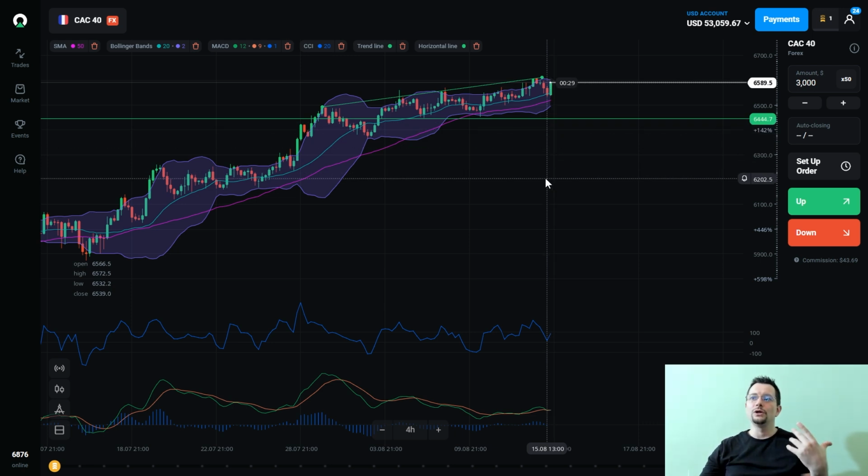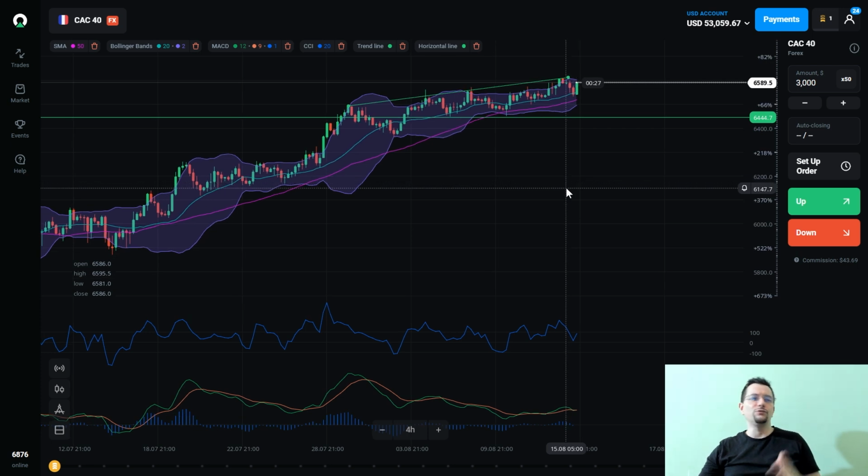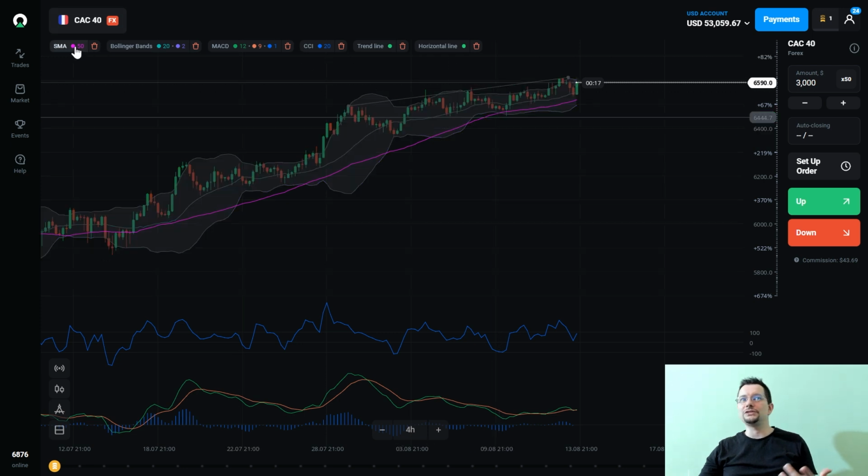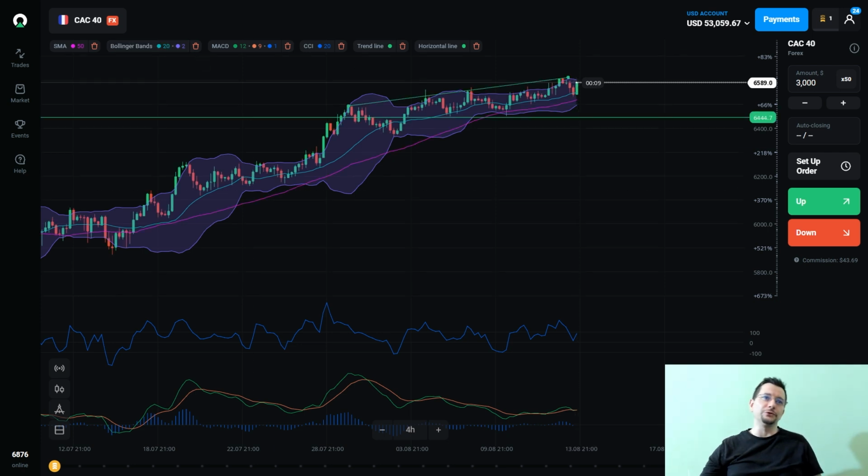I personally recommend thinking about when the opposite forces will step in. So when will buyers step in? When will sellers step in? Looking at those value areas will bring you the best results. And like I said, there's indicators that help you to see those areas of value. Again, nothing is foolproof, guys.